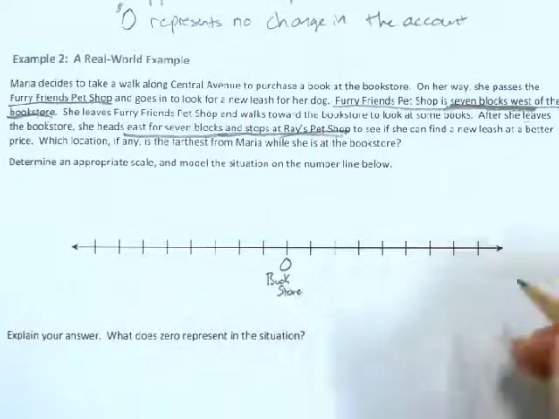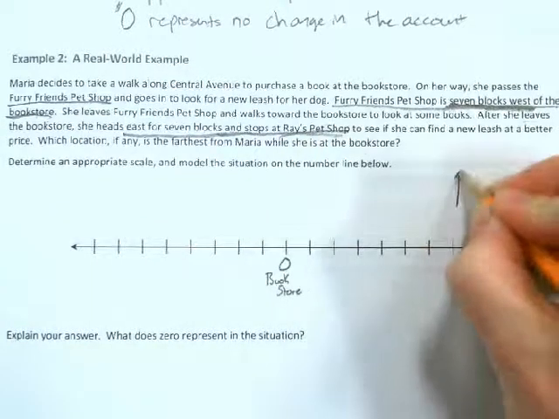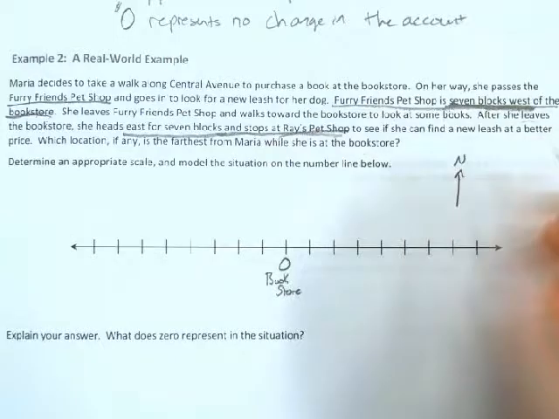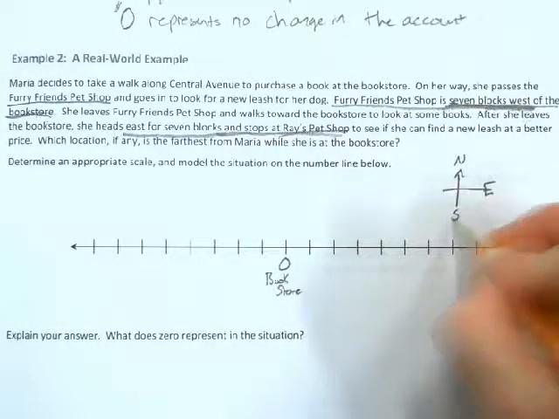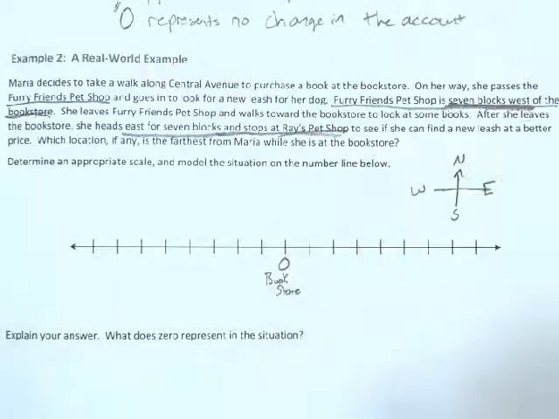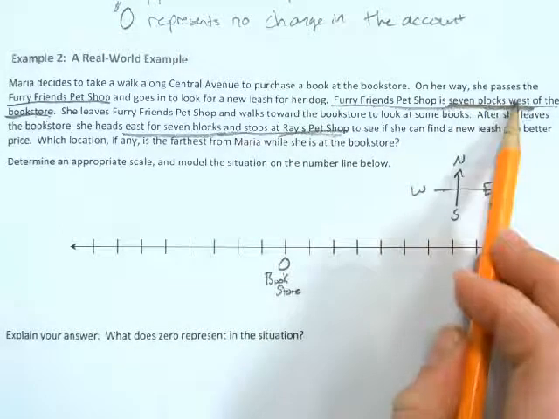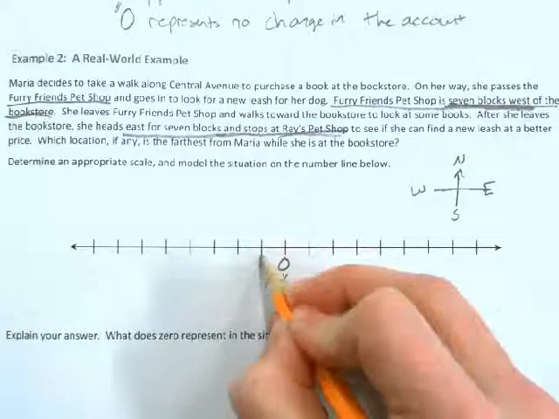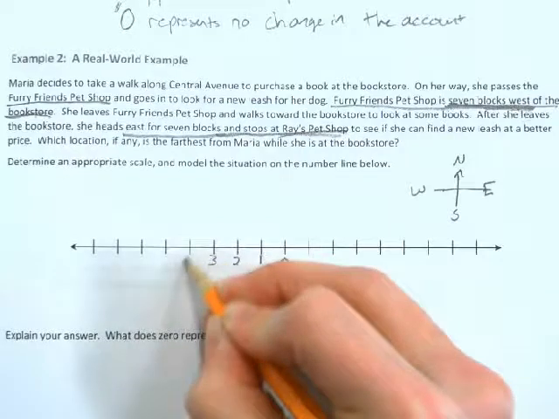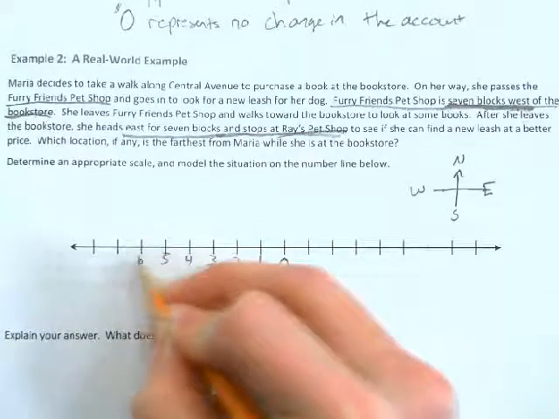Now, in case you don't know your directions, we need to put a compass on here. So north is up, east is to the right, south is down, and west is to the left. So if it is 7 blocks west, that means I need to go to the left side. And this would be 1, 2, 3, 4, 5, 6, 7.